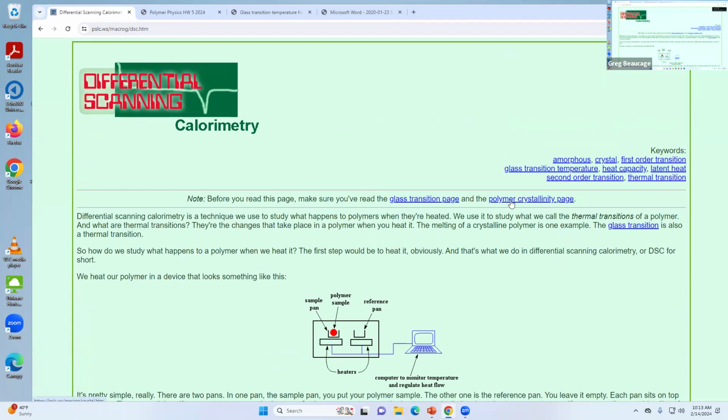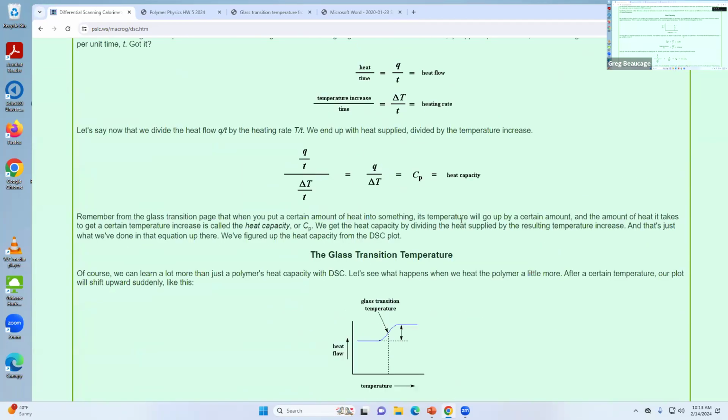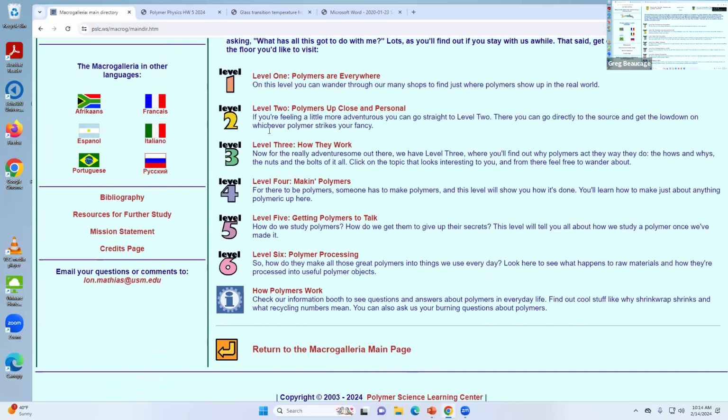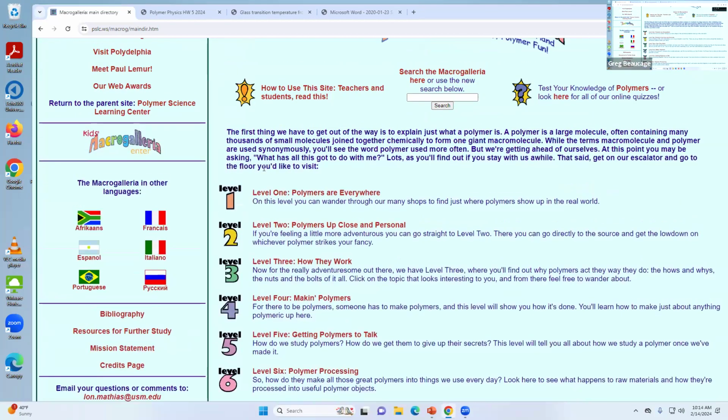Glass transition, polymer glass transition. Some of this will link to the whole Macrogalleria. I see that right here. So anyway, I guess level 1 is like complete idiot and level 6 is something higher than that. It's kind of worth fishing around in it.